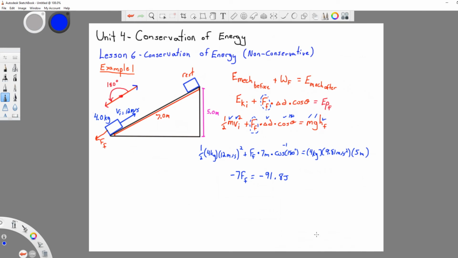And when I do my algebra and I divide my 91.8 joules by 7, I end up getting a force of friction equivalent to 13 newtons. And that is the final answer.